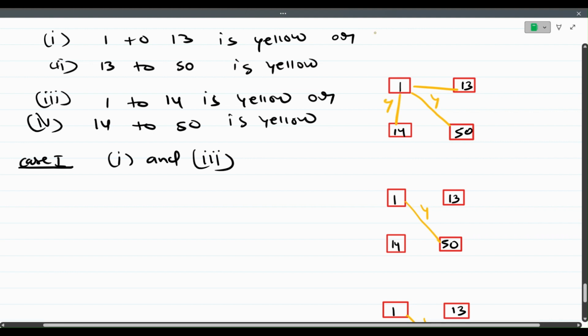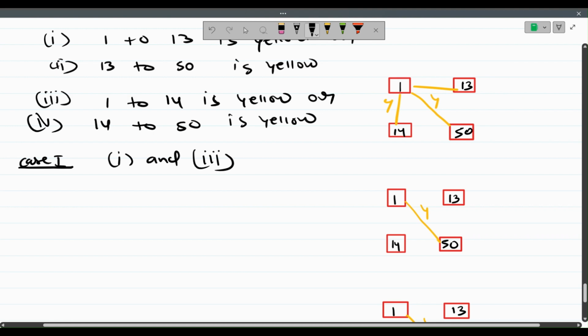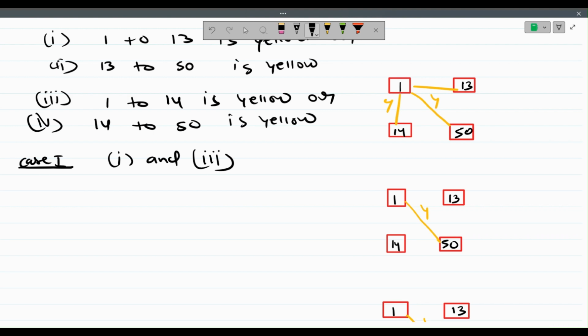In that case, you can see there is a route between 13 and 14 which uses only yellow cord. So we can see from 13 to 1, and from 1 to 14 uses only yellow cord which connects 13 and 14.